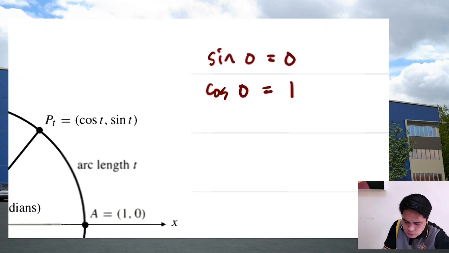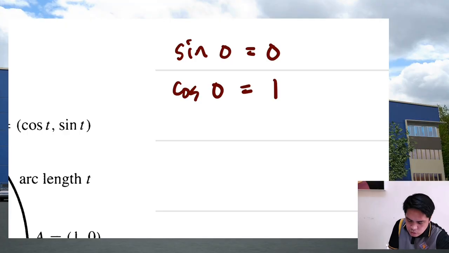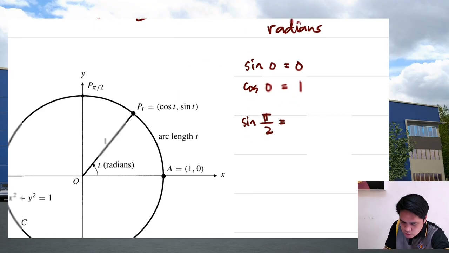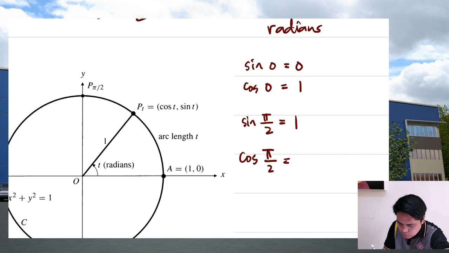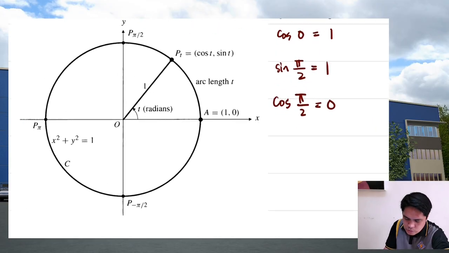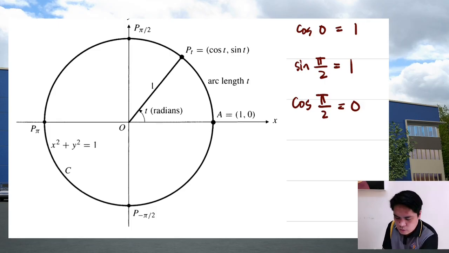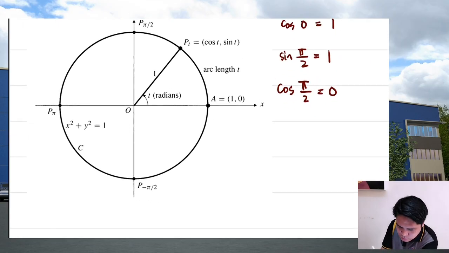Okay. So, following this pattern, we could also see that the sine of pi over 2 is equal to 1, and the cosine of pi over 2 is equal to 0. Or sine of 90 is 1, cosine of 90 is 0. How about sine of 180 or pi?